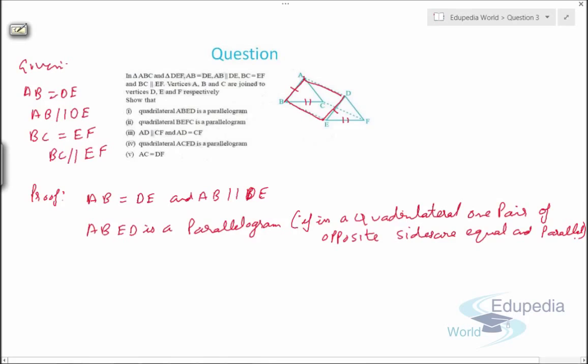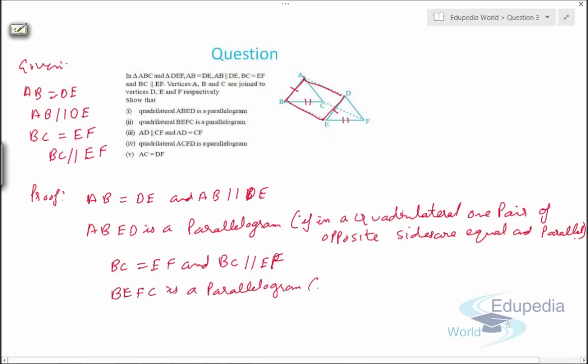The second part, we need to prove BEFC is a parallelogram. Again it's given BC equals EF and BC is parallel to EF, right? So we can say again BEFC is a parallelogram.